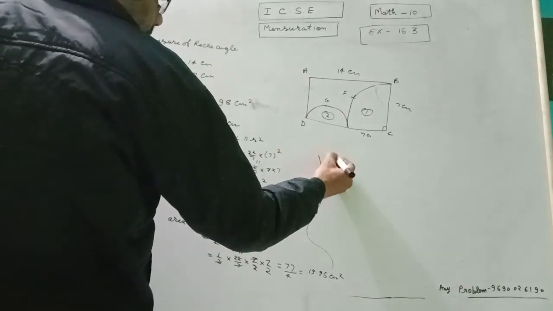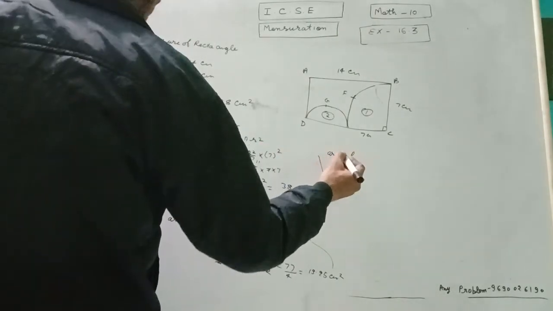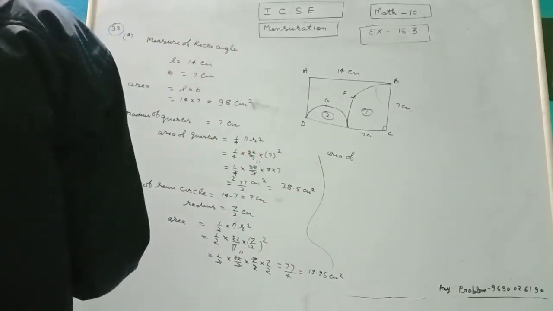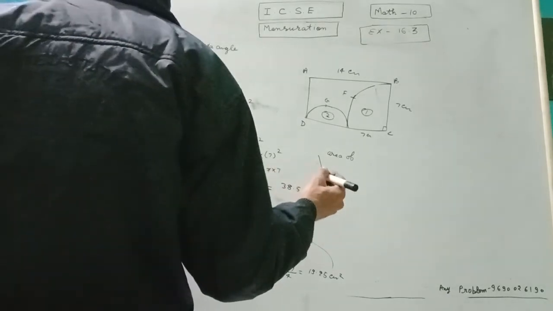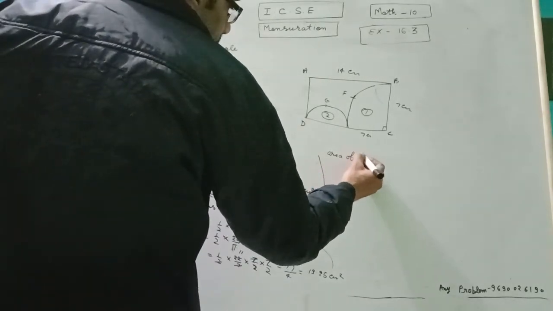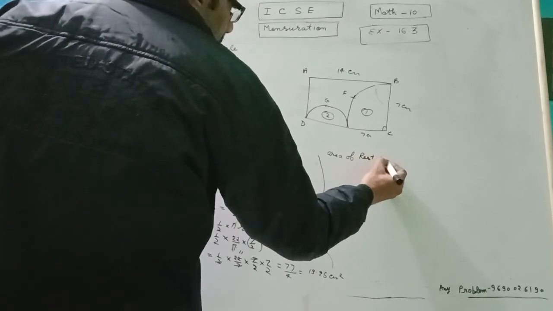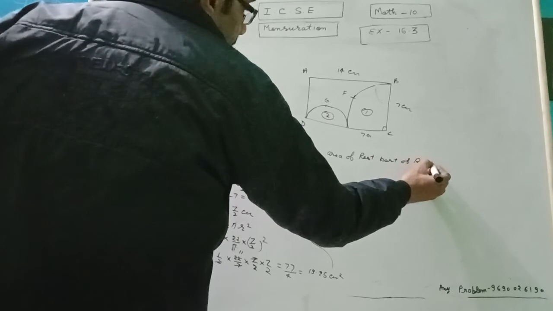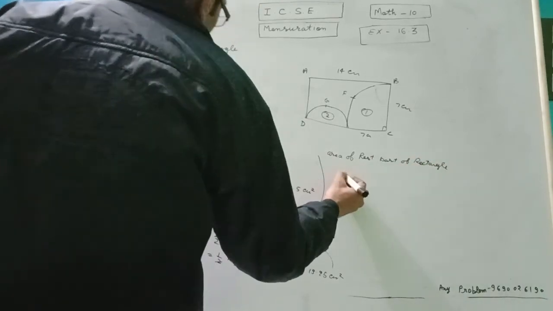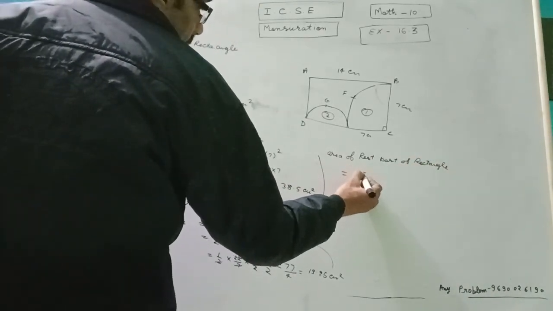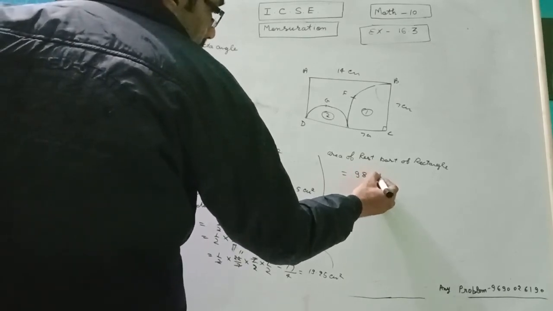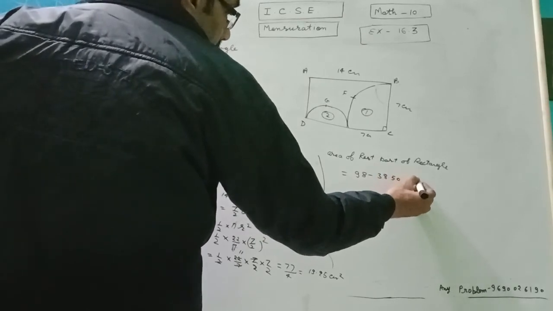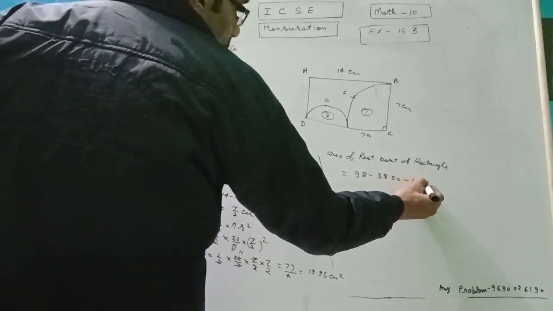Area of rest part of the rectangle is equal to 98 minus 38.5 minus 19.25.